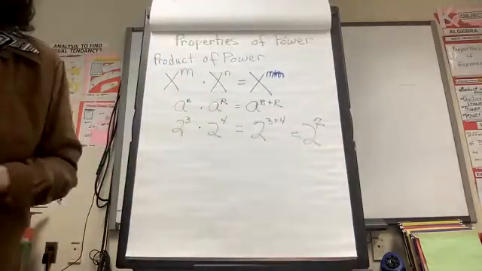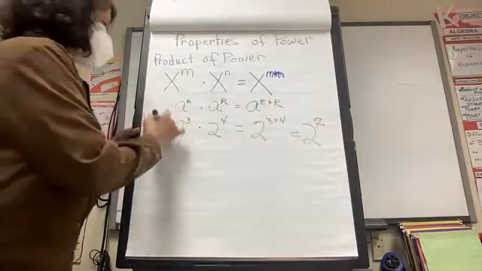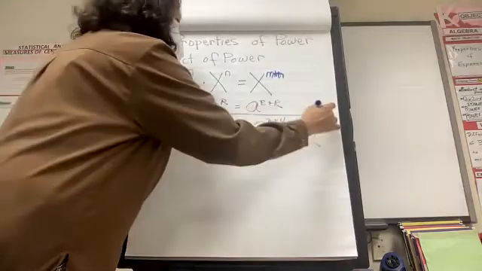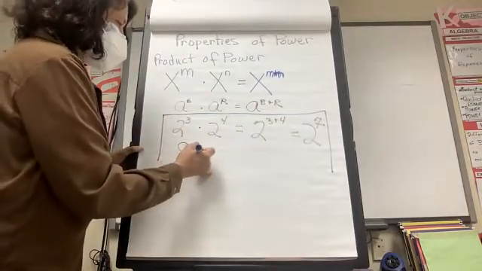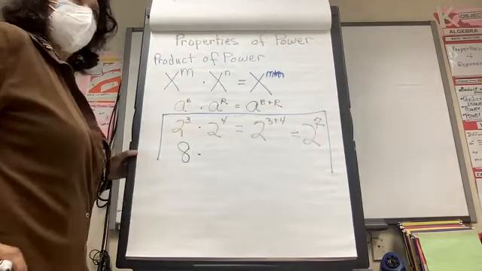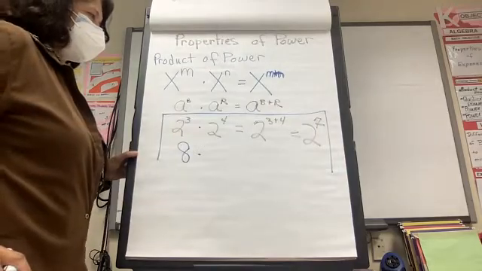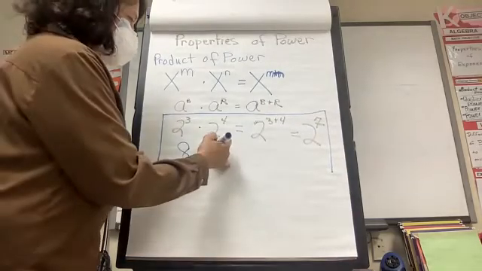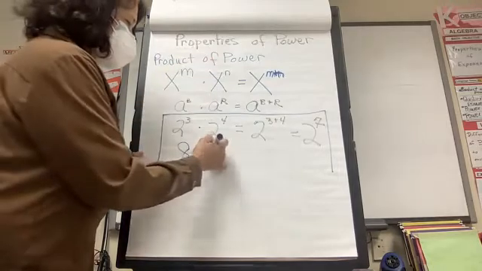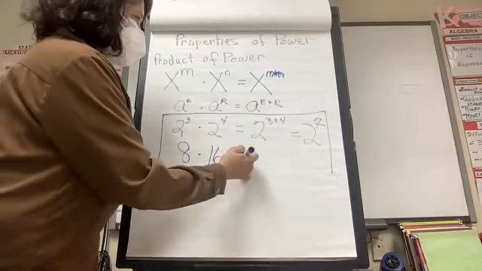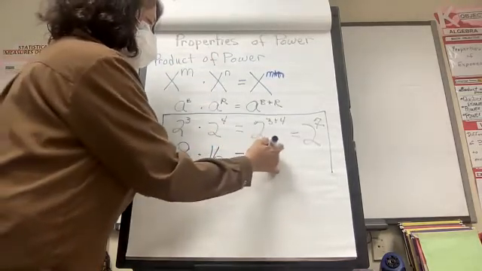To prove that this is correct, 2 to the third is 8, because 2 times 2 times 2 is 8, and 2 to the fourth is 16, because 2 times 2 times 2 times 2 is 16. So 8 times 16 should be the same as 2 to the 7th.